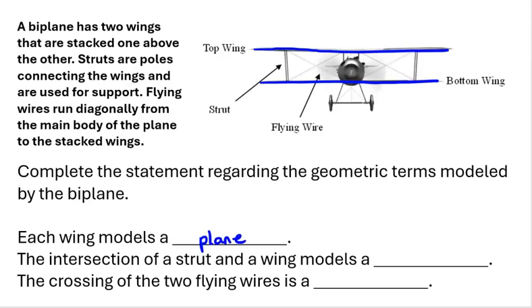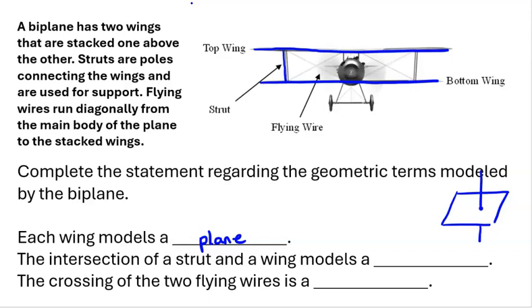They're flat. The intersection of a strut and a wing, so the struts are these poles here that are connecting those parallel planes. And so where a line meets a plane is kind of like that pencil that goes through the plane, right? Something like this, and then it comes out through the bottom.